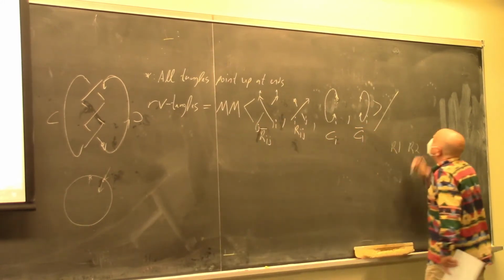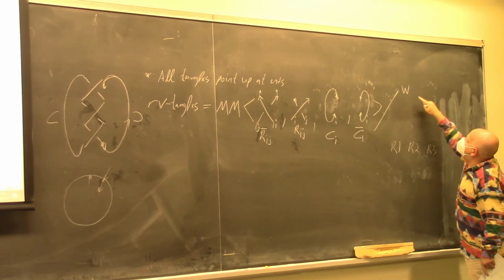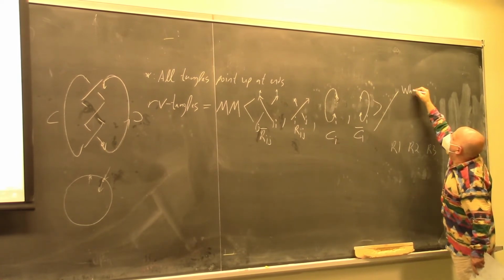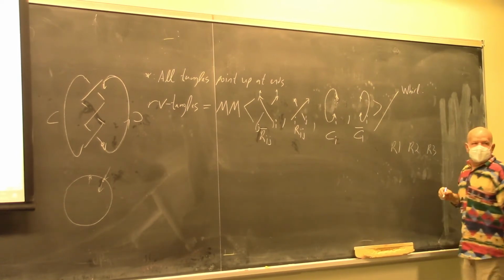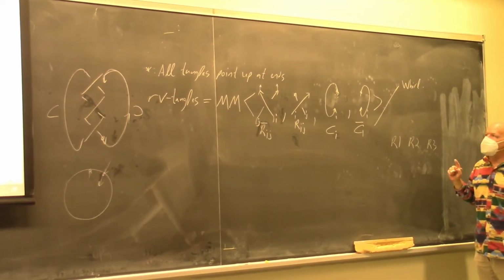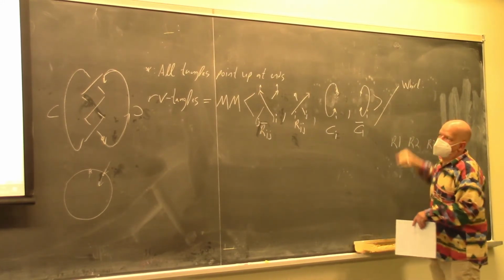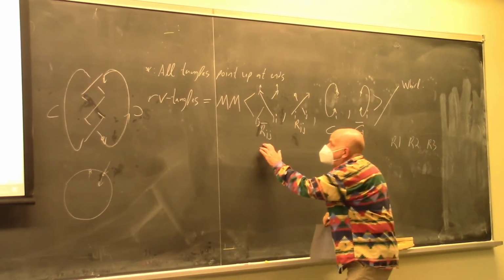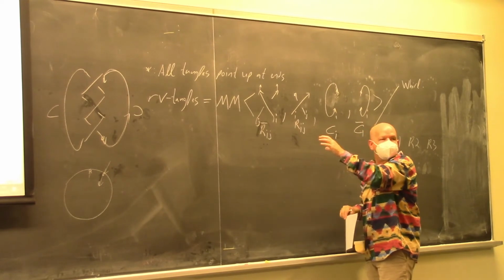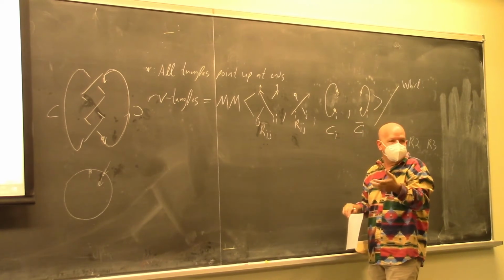So the relation W, and W actually is not for weird, but for whirl. Well, I suppose even before relations, I should have told you that these generators really generate. Okay? So why do they generate?